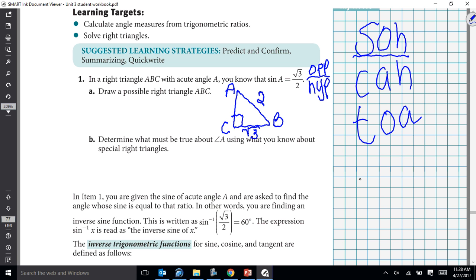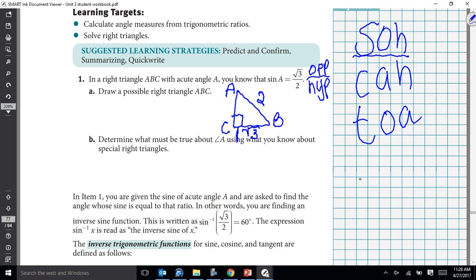All right, so what do we know about this side over here? It's adjacent to A. Can we find its value? Okay, we can use the Pythagorean theorem, right? But hold on, stop the presses. Does this format look familiar if I put a 1 in front of here? What kind of triangle is this?